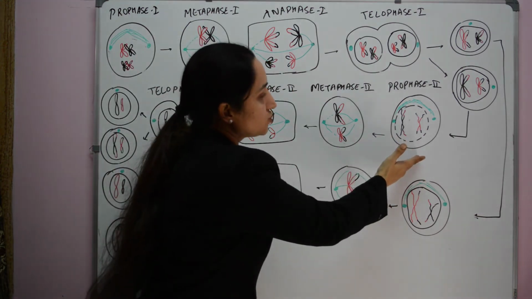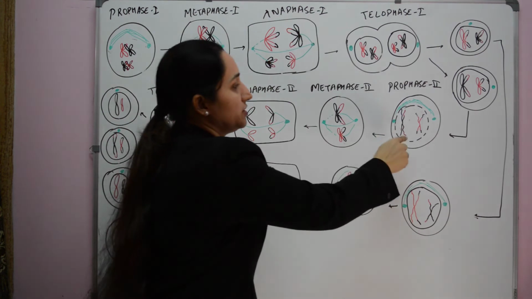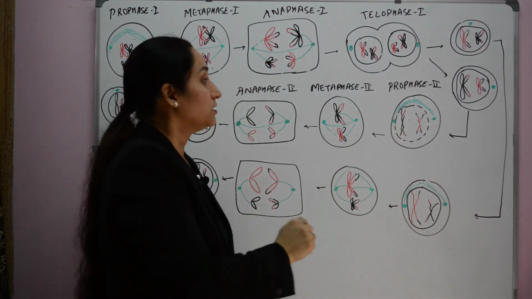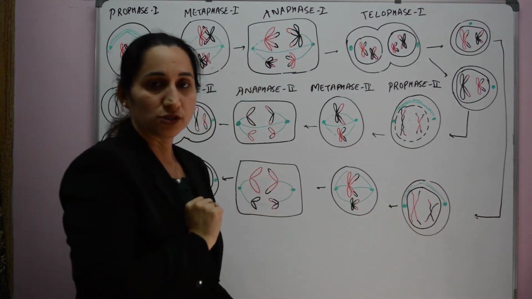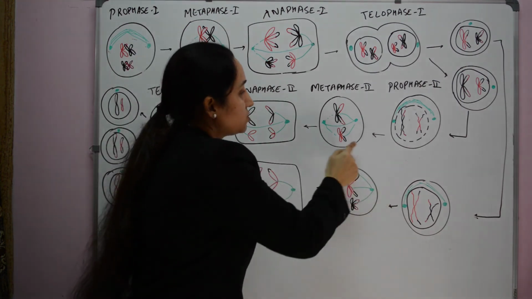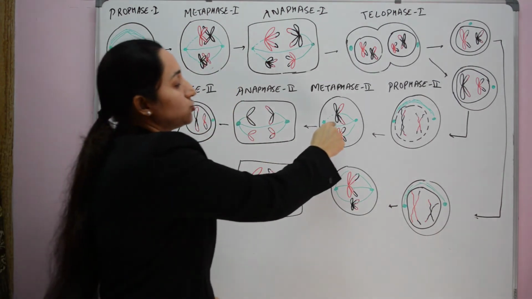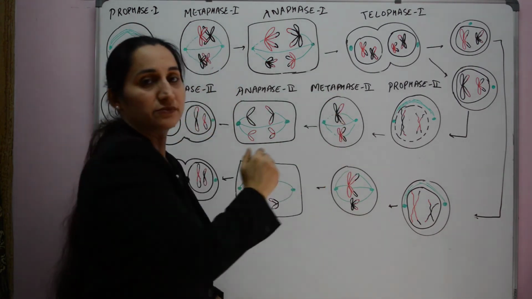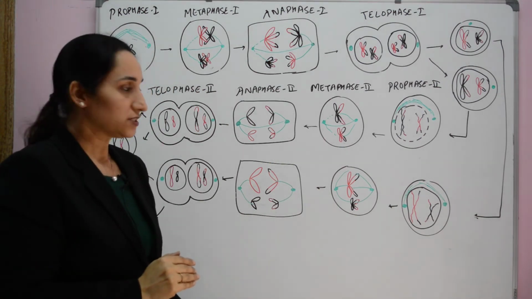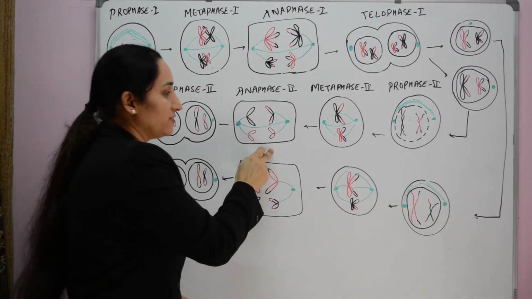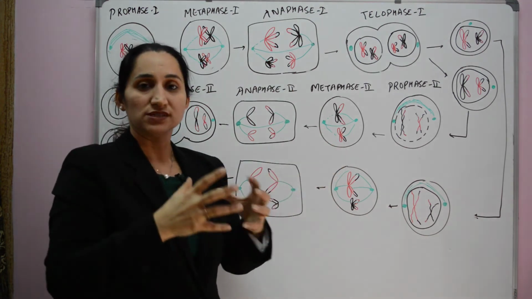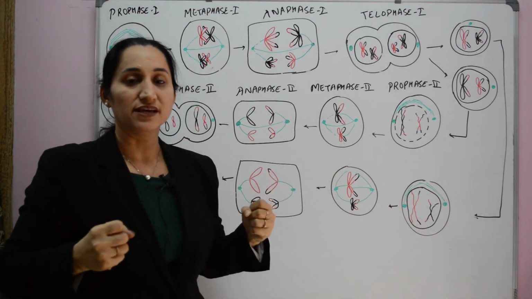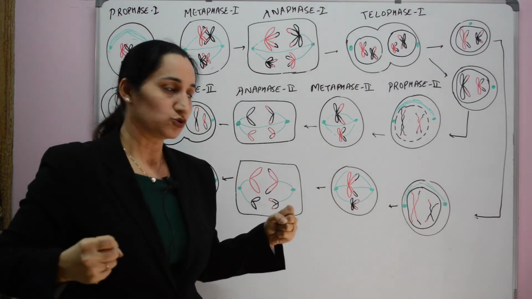Here, in Prophase II, the nuclear membrane starts dissolving, and centrioles start moving to the opposite poles, right? In Metaphase II, the chromosomes start aligning themselves in the equatorial plate. Then in Anaphase, the microtubules start shortening and pulling the chromosomes to the opposite poles.